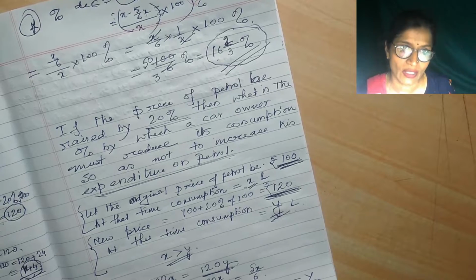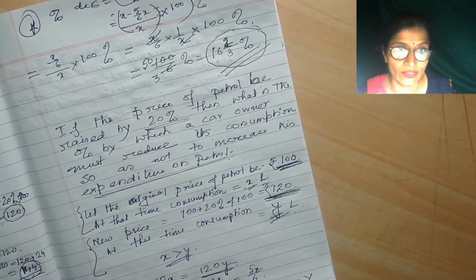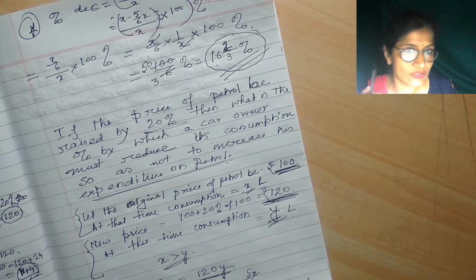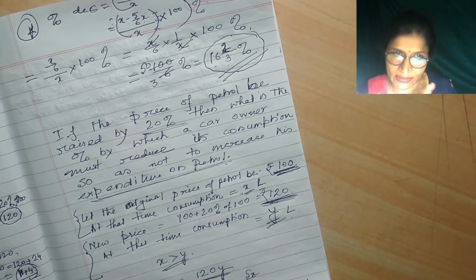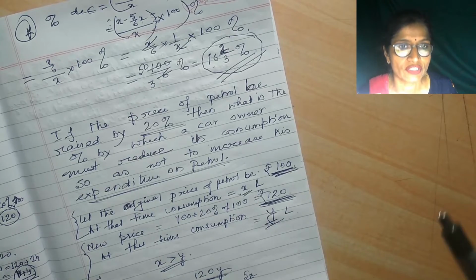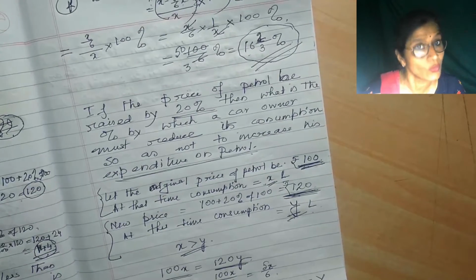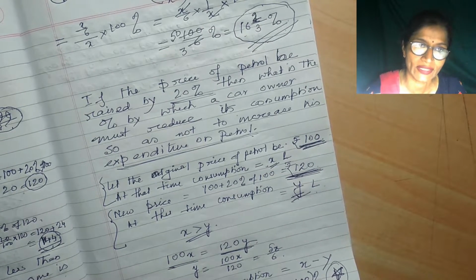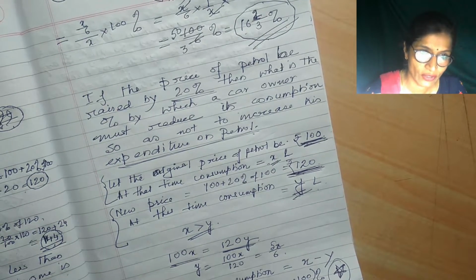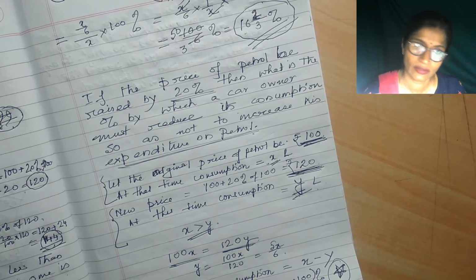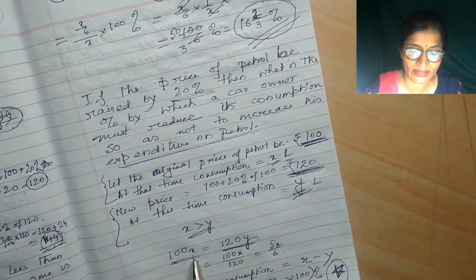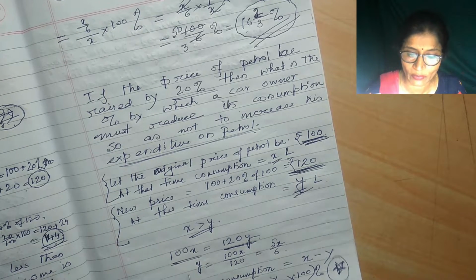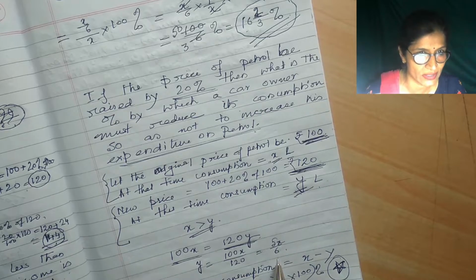So initially the total expenditure is 100X, and now it is 120Y, and both are equal. So 100X is equal to 120Y, and Y in terms of X is Y equal to 5X divided by 6.